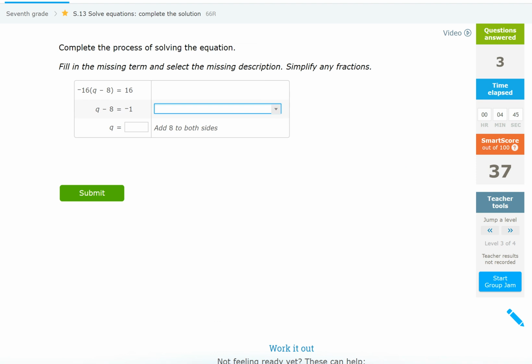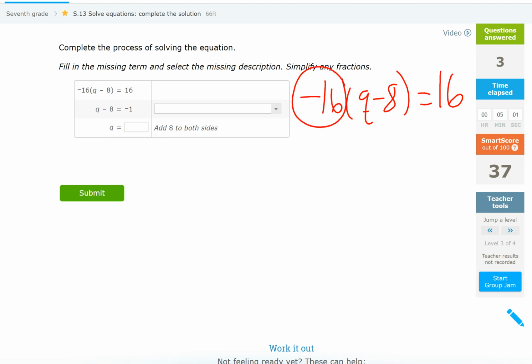Now, eventually, they begin to not give you the step because you should know how to solve it. And so if we say negative 16 times (q minus 8) equals 16, well, we already know we have to get rid of the furthest thing from the variable on the variable side. So in this case it was negative 16.